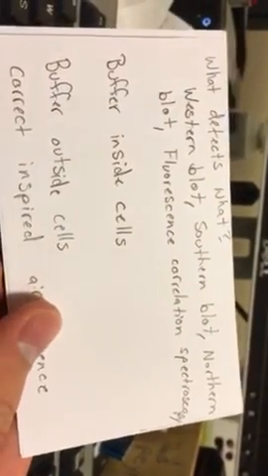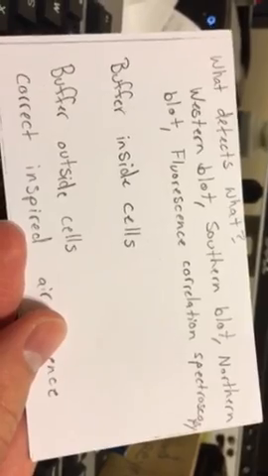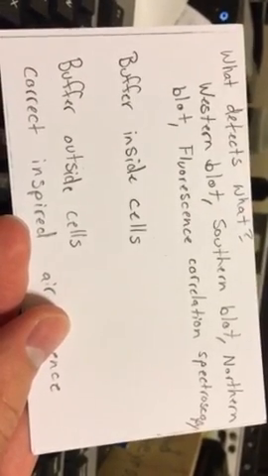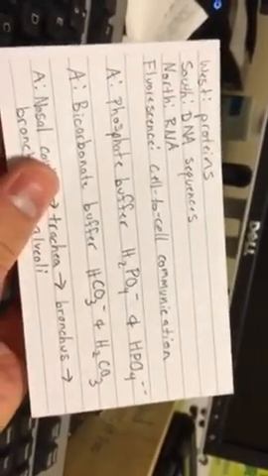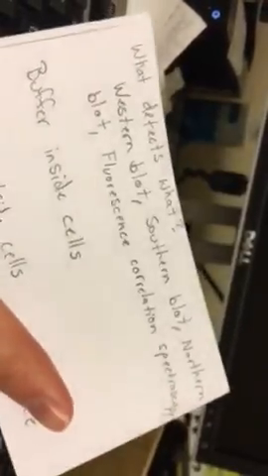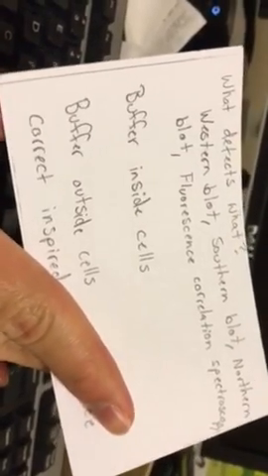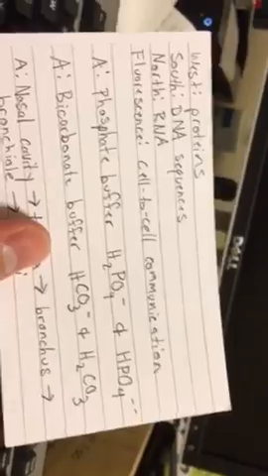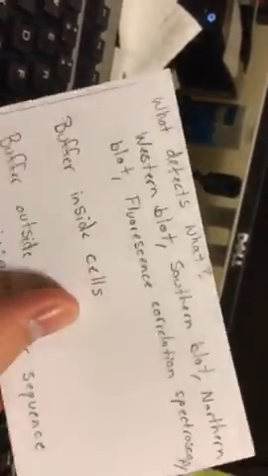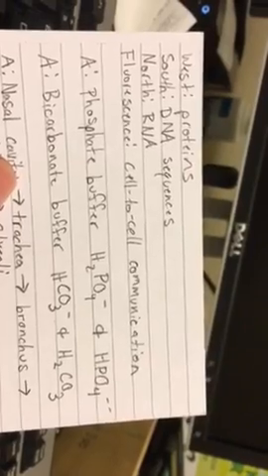What detects what? Western blot, southern blot, northern blot, fluorescence correlation spectroscopy. Let's see. Well, if you have a western blot, it detects proteins. How about a southern blot? That will detect DNA sequences. And you got your northern blot. What does that detect? That detects RNA.